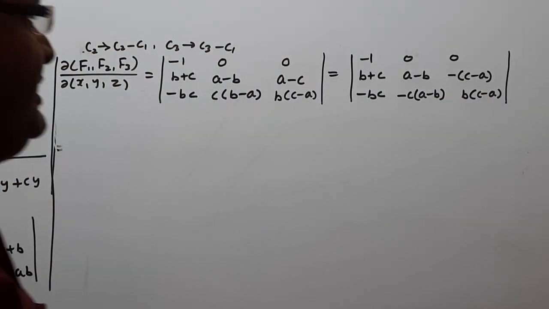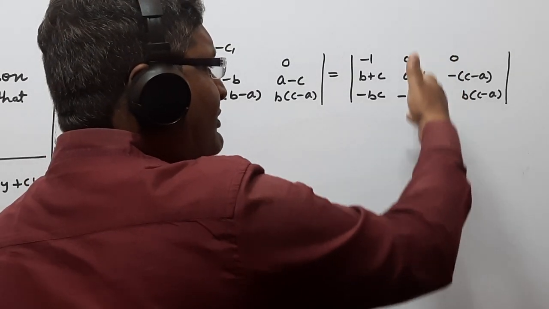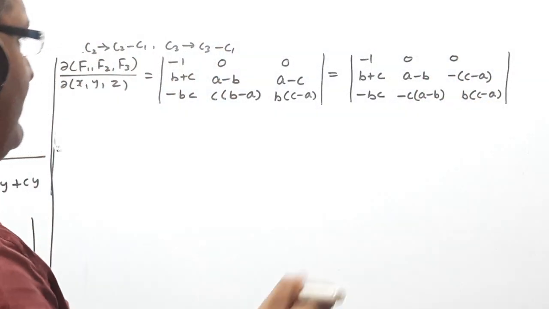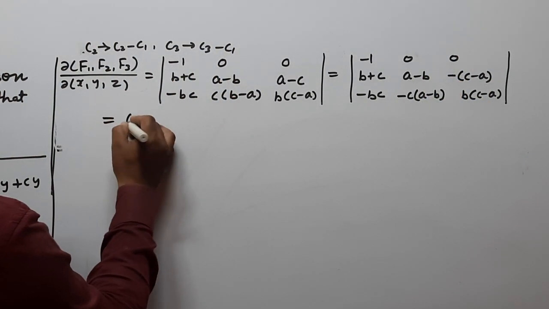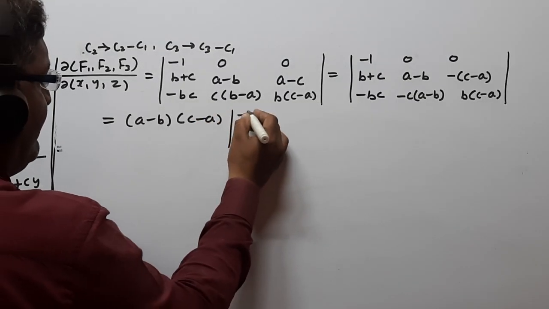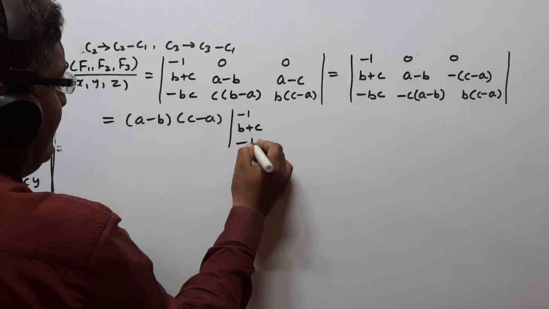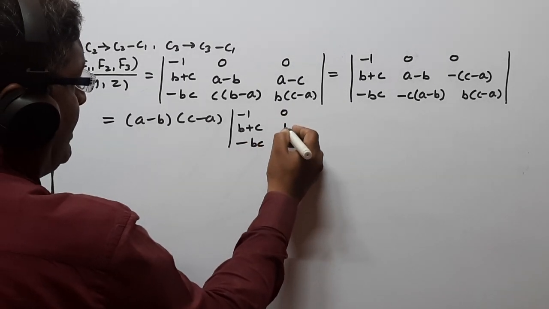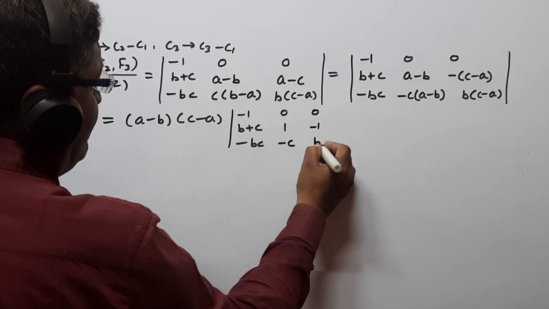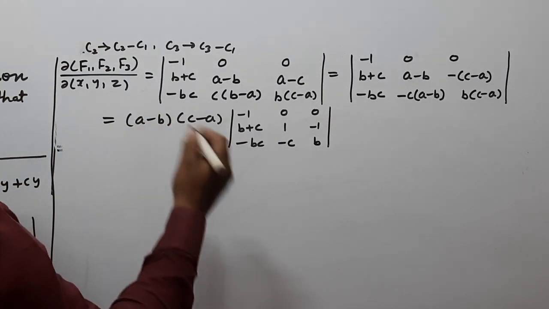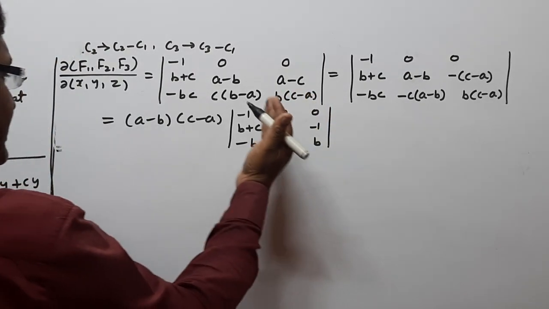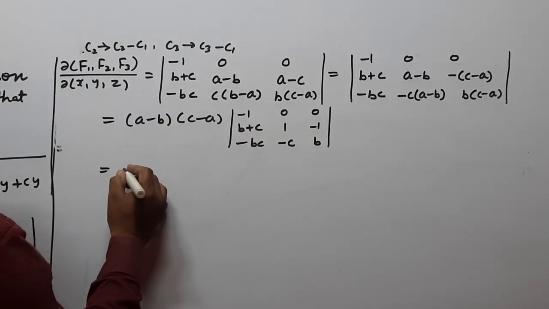Now we take common a minus b from the second column and c minus a from the third column. So this becomes a minus b, c minus a, and minus 1, b plus c, minus bc, 0, 1, minus c, 0, minus 1 and b. Now again we apply an operation: c3 adding with c2.